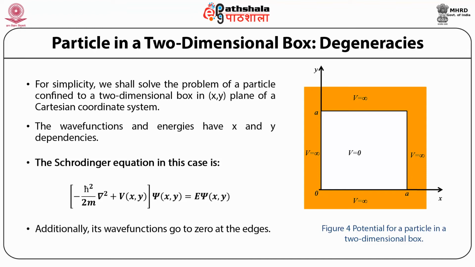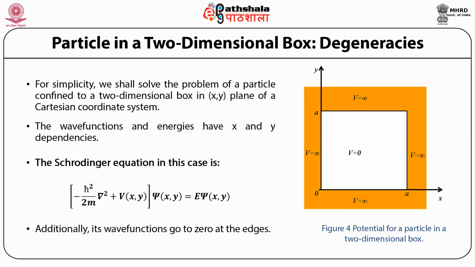Putting the value of del square in the equation, it becomes minus h cut square by 2m multiplied by del square by del x square plus del square by del y square, plus V x y multiplied by psi x y, equal to E psi x y. We assume the potentials and the boundary conditions as shown in this figure.